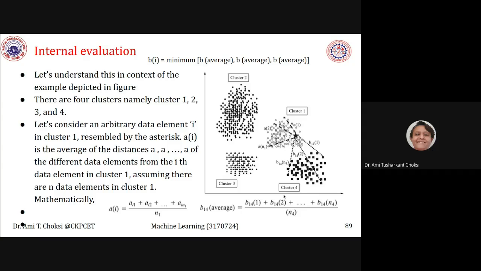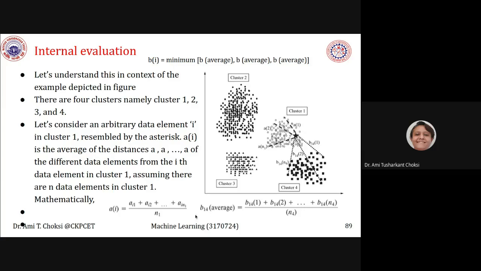The points are there, isn't it? So we find the distance between a point from cluster 1 and a point from cluster 4. That's what we want to find, using B14 average, okay?